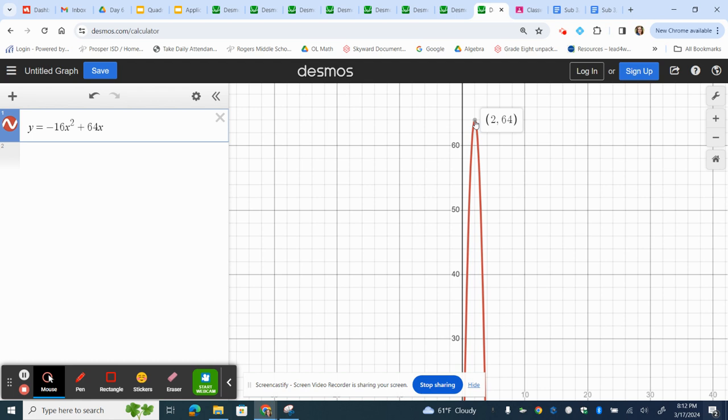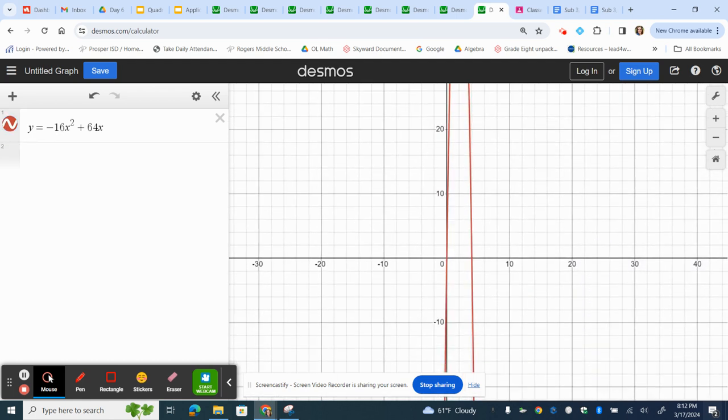Our reasonable domain, so our domain is the lowest and highest x values. So let's go down to the x-intercept. Our starting point, or our initial point, will be about 0. And so 0 is less than or equal to x, which is less than or equal to our highest x value, which is 4.